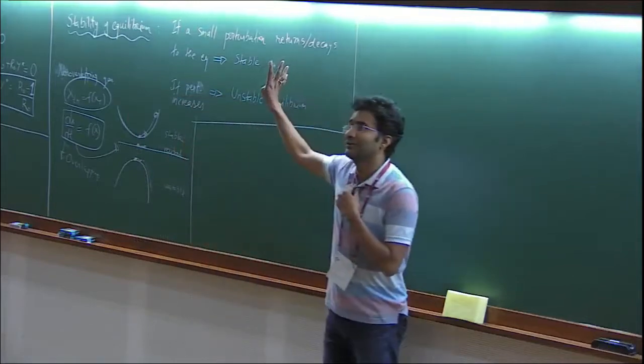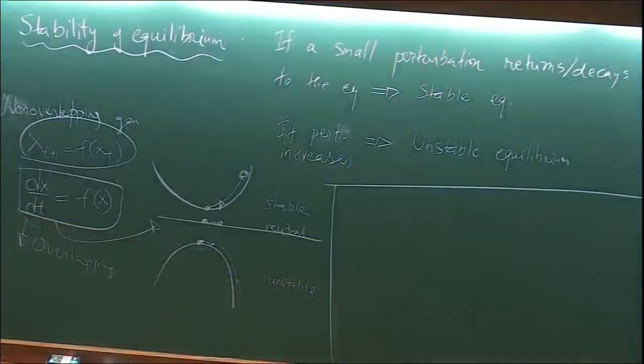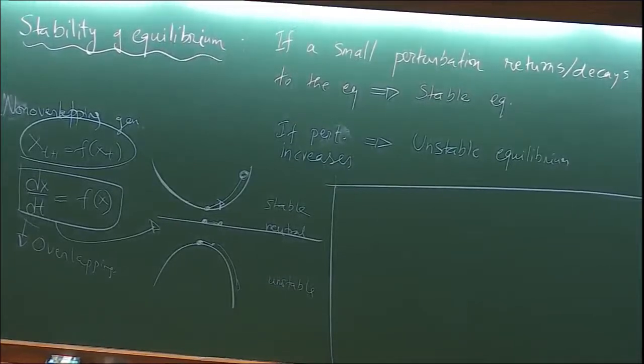Okay, now is the notion of equilibrium and stability clear? System back to the equilibrium. Okay, I think the example that you mentioned about carrying capacity would be one good example.